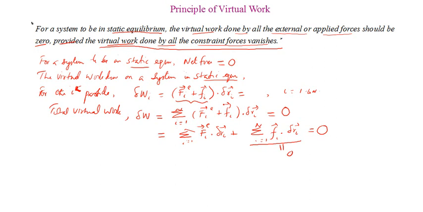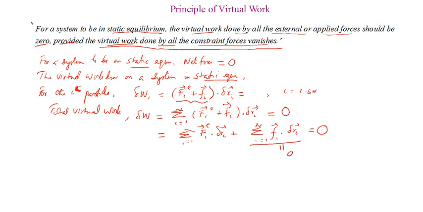Conservative systems, holonomic cases, these types of violations of this particular assumption are not found. So we just agree upon that. The virtual work done by the force of constraint is equal to 0. Remember, it's a virtual work. Virtual work done by the force of constraint is equal to 0, right?